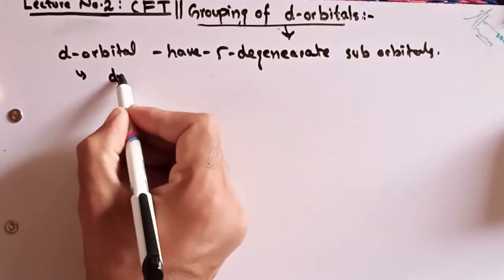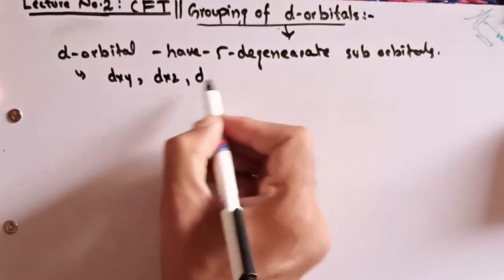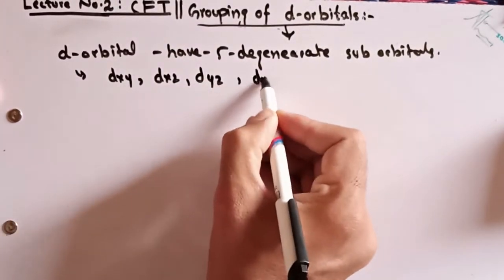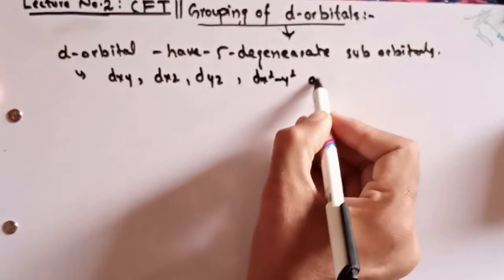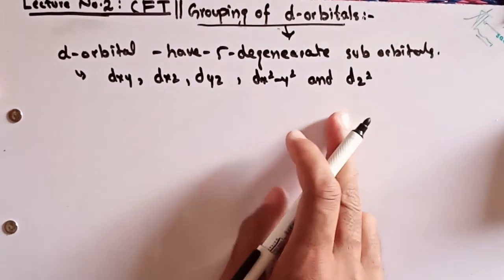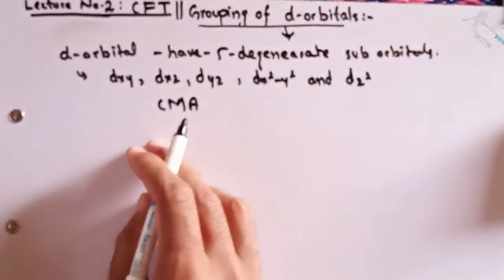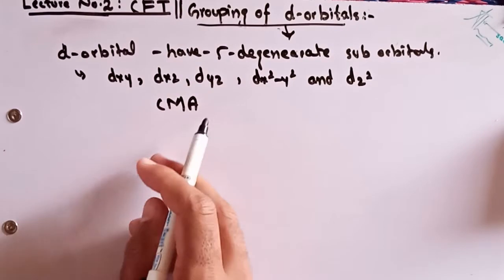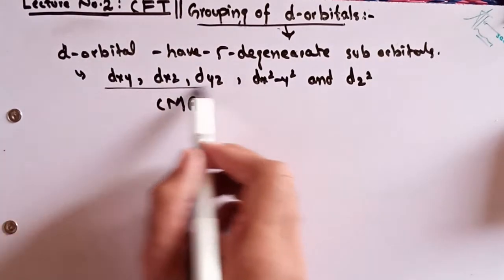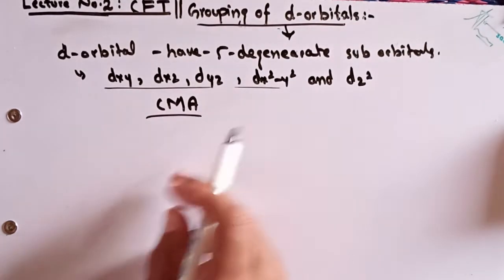These are dxy, dxz, dyz, dx square minus y square, and dz square. These are all degenerate orbitals of the central metal atom. They all have the same energy and the same symmetry, because they are degenerate orbitals.